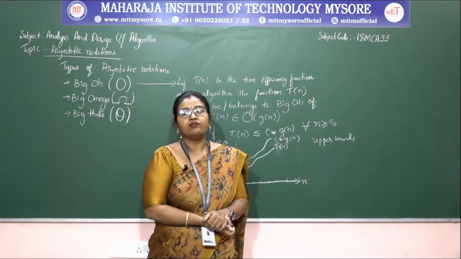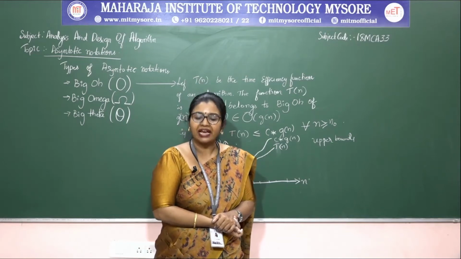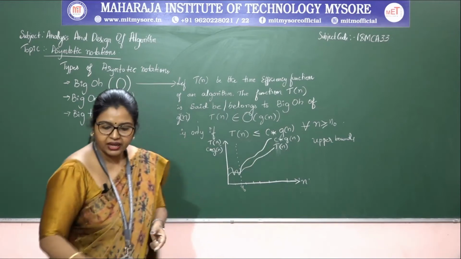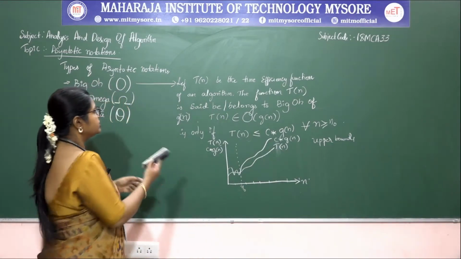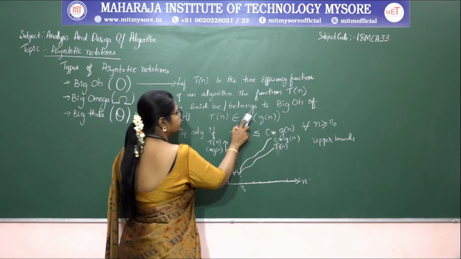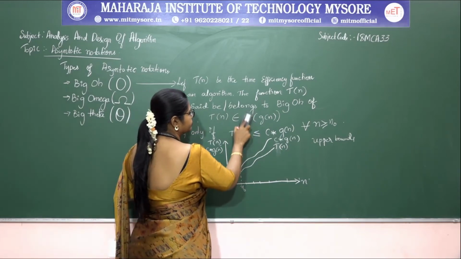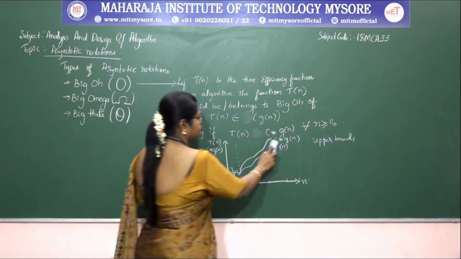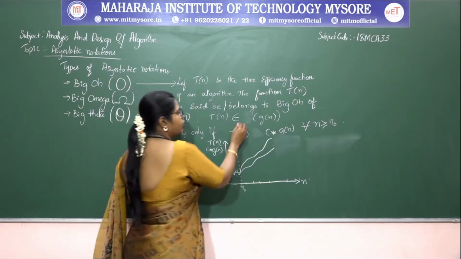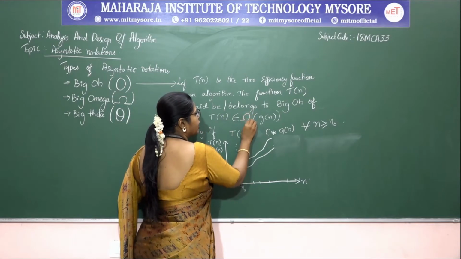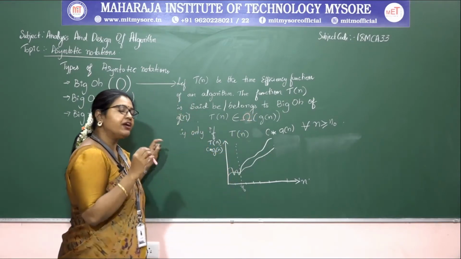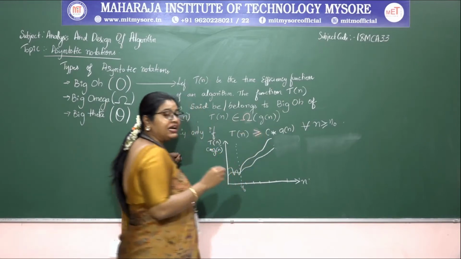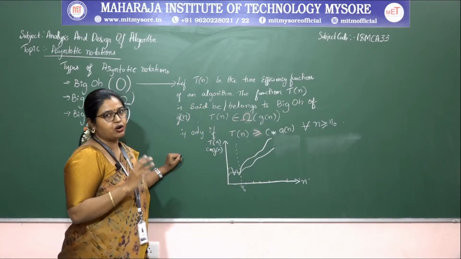So the next one we have is big omega. For big omega, what we can do is just change this, no other changes. Okay. T of n belongs to big omega of g of n if and only if your T of n is greater than or equal to c into g of n.